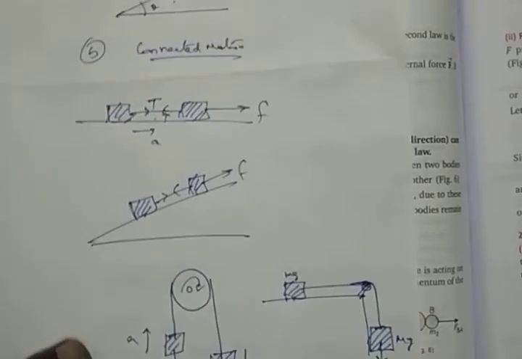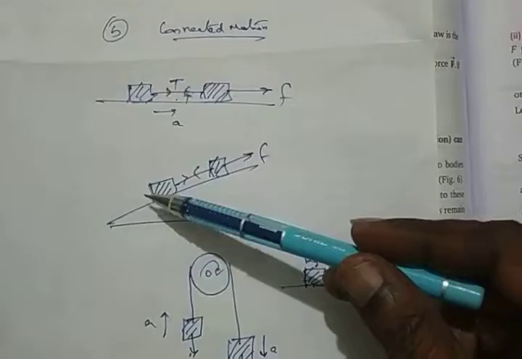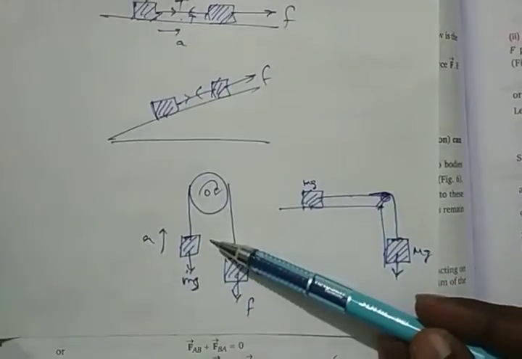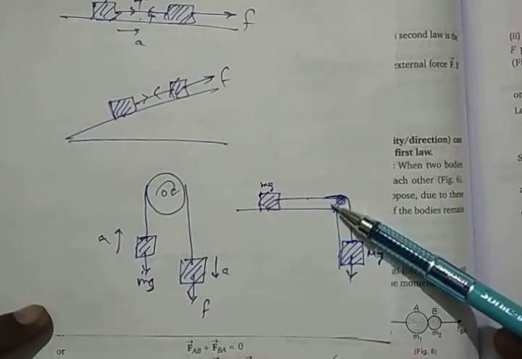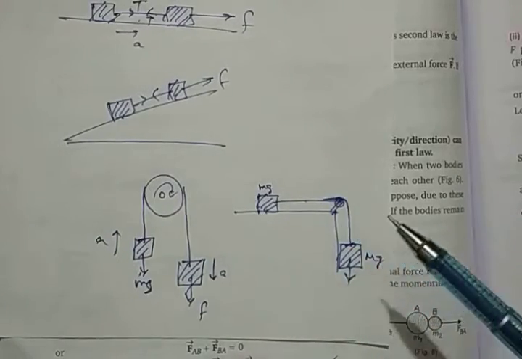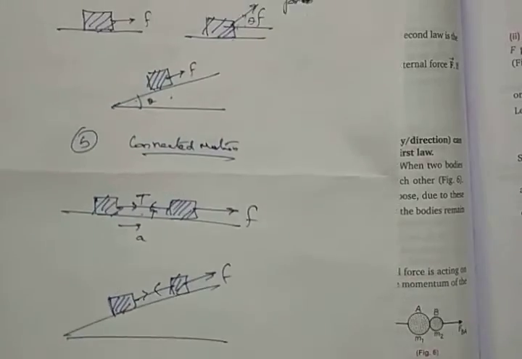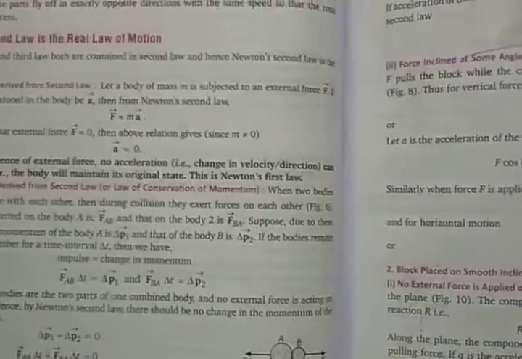So look at this. It has a train of things which is coming here. Connected motion means a rope in a two body system, a rope in an inclined body system, a rope connected with a pulley system, a rope connected with the horizontal and a downward motion. All these things come in connected motion. We already saw all of them in quick derivation format, how to do this.